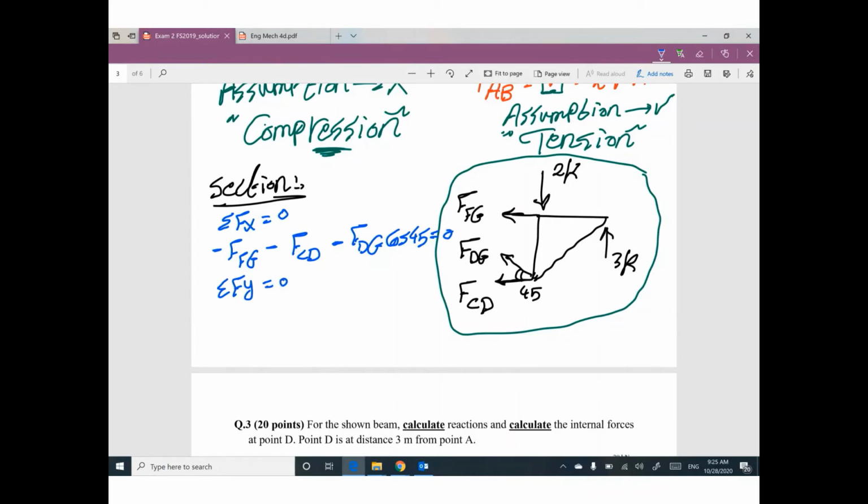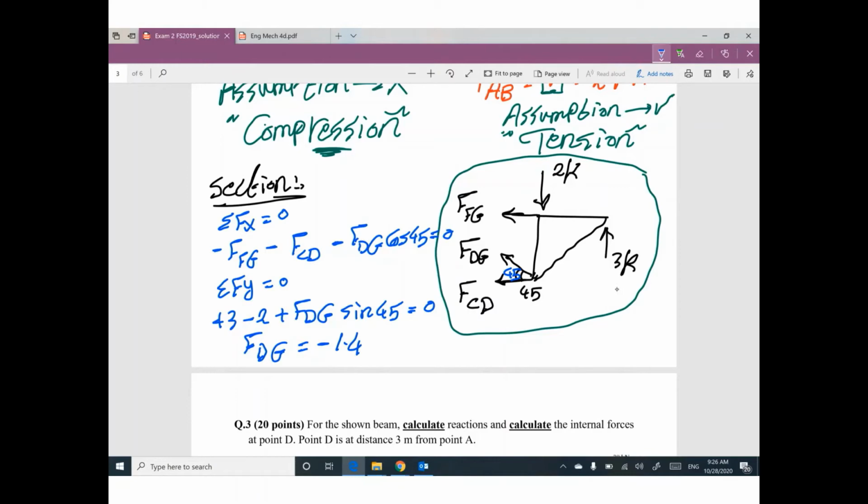So we have positive 3, negative 2, positive FDG sine 45 degrees equals 0. I think from this equation, I can figure out the value of FDG. This value will be negative 1.4.